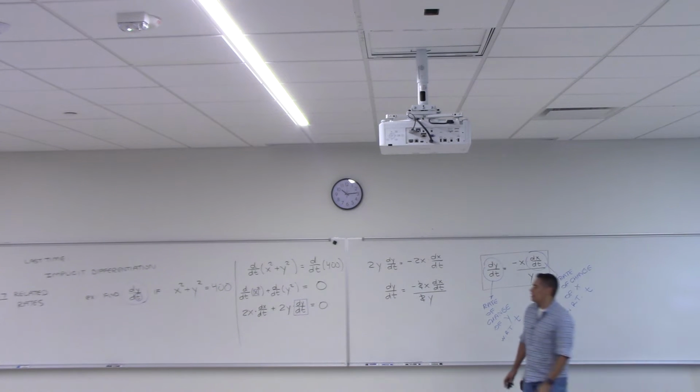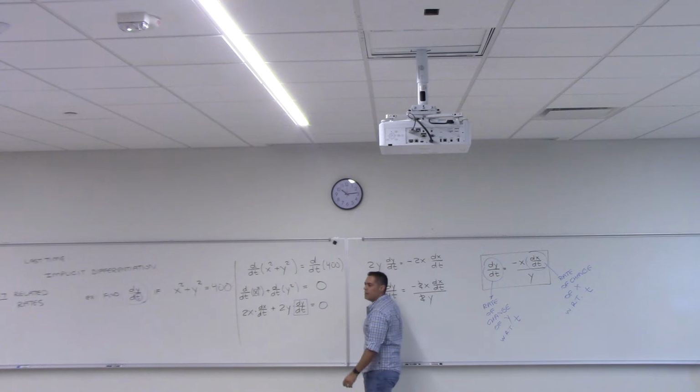So let's take a look at the screen over here. I'm going to make it dark in here so everyone can see it. I'm going to start with this example here. I'll make it bigger. Just give me a moment.